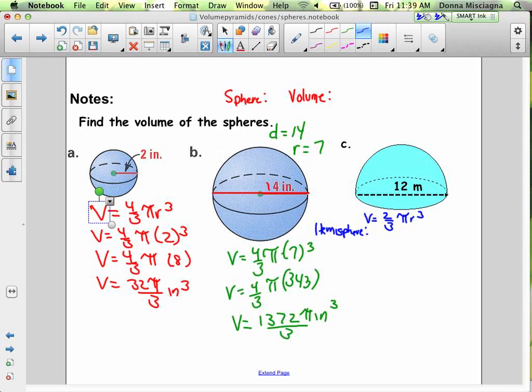Set that up for us. Yep. So this would be 6 cubed.